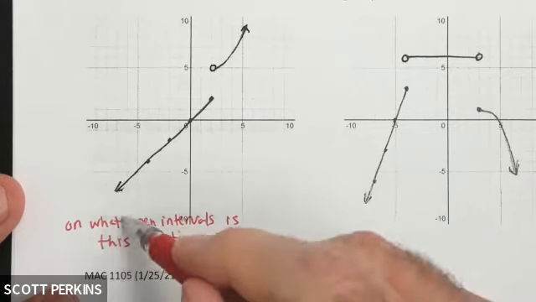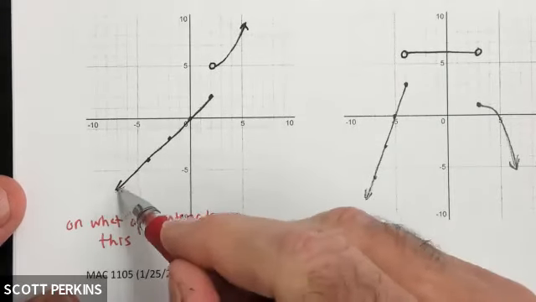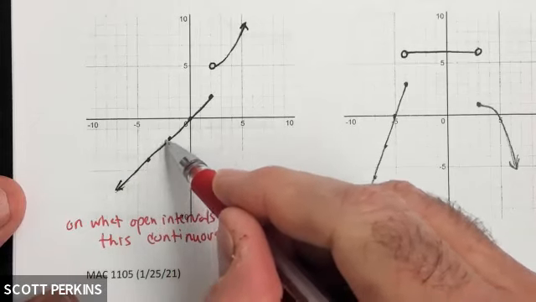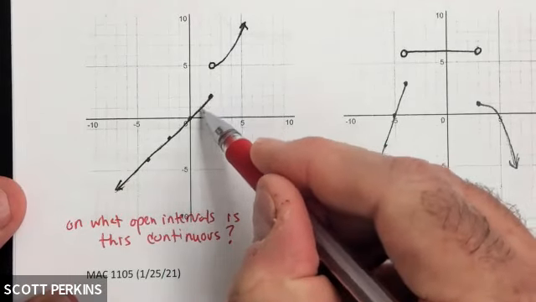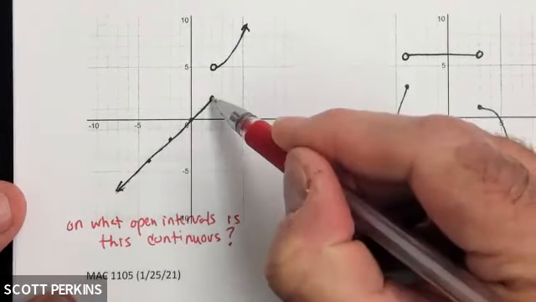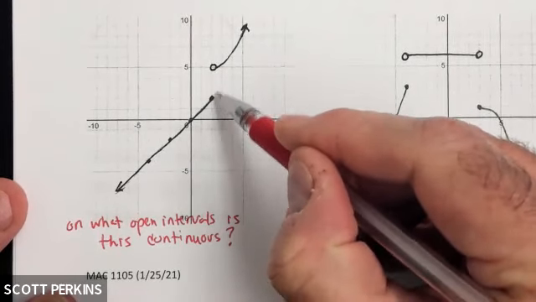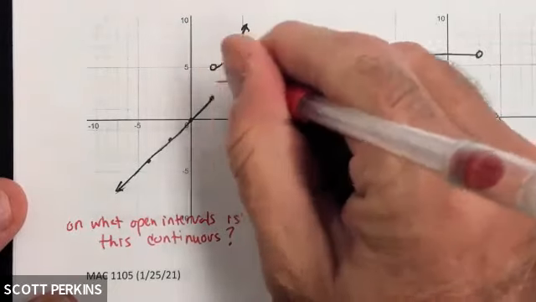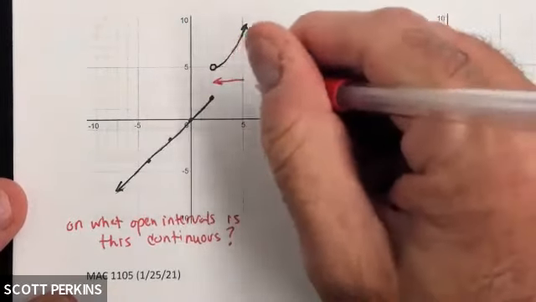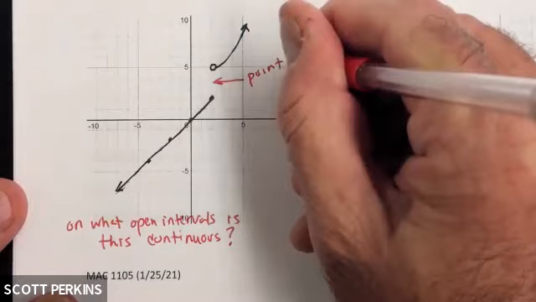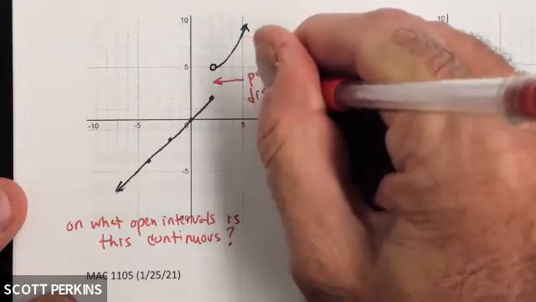So I can trace this lower part right here. I can trace this, I think we would all agree, without lifting my pen. Do you agree with that? So it's continuous right here, but here's the problem. I have a break right here. I have to lift my pen to get to right there. So what we would call this right here is a point of discontinuity.